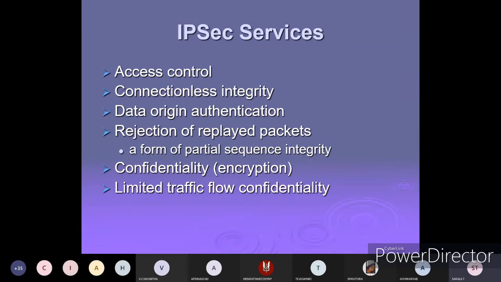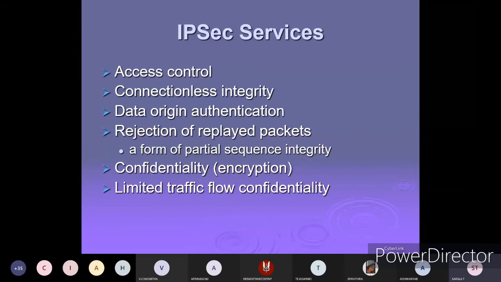One is access control: which systems can access your server or your system. And connectionless integrity: without any connections, you can give integrity to your system. Data origin authentication: whatever new data, new information, new program or new code you are writing, the origin authentication will be provided using IP security only.